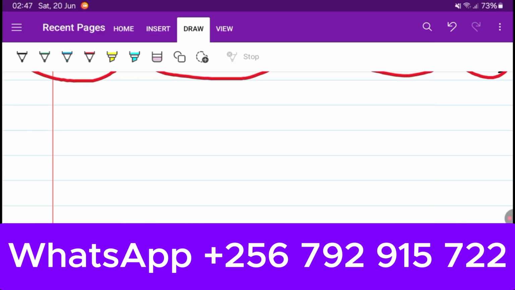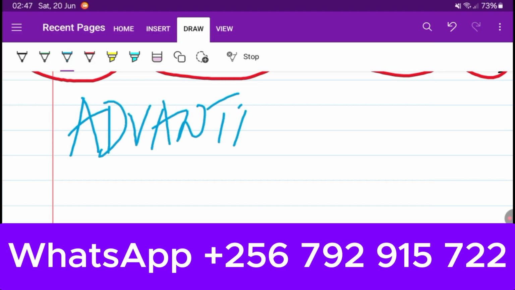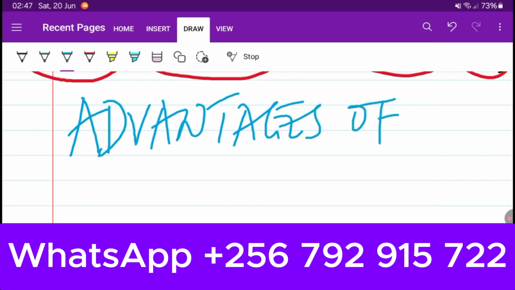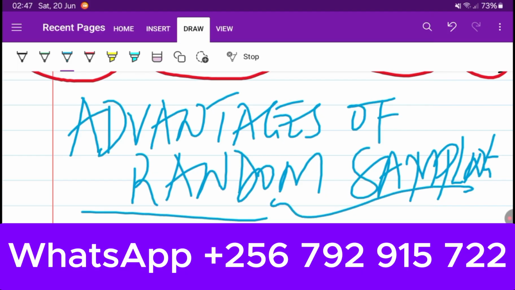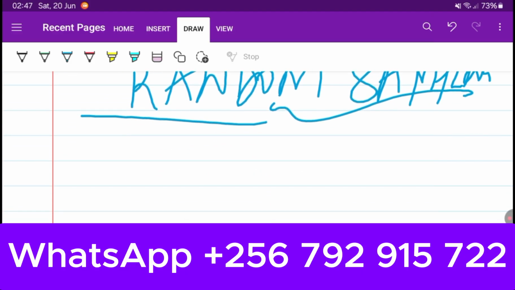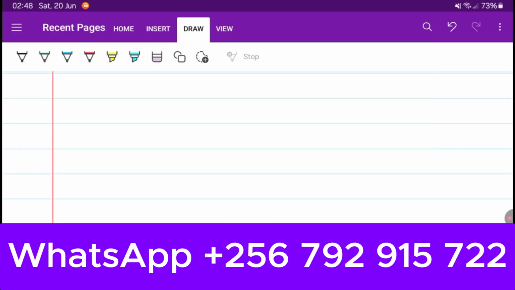So let's look at the advantages of random sampling. We said random sampling is the same as probability sampling, so we are going to mix all the different types.